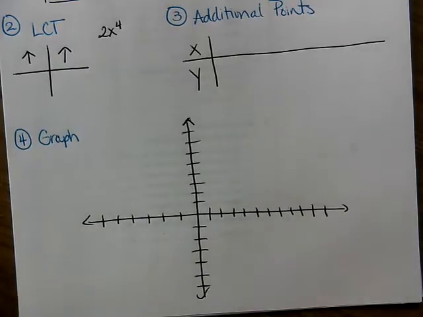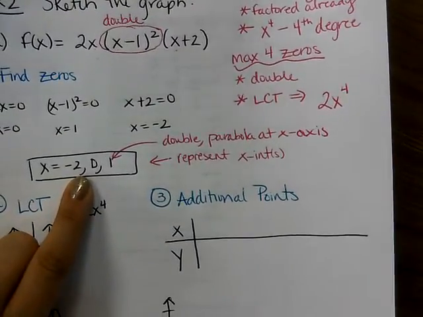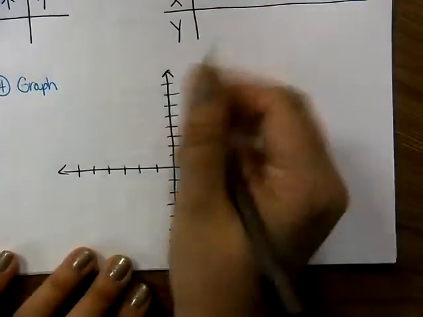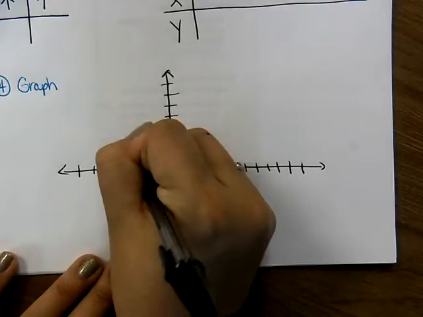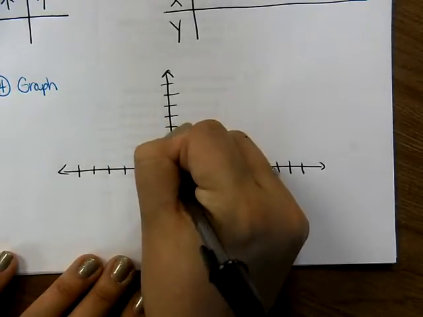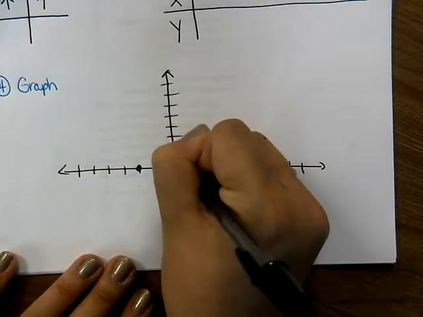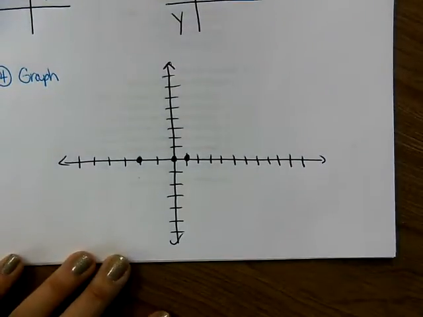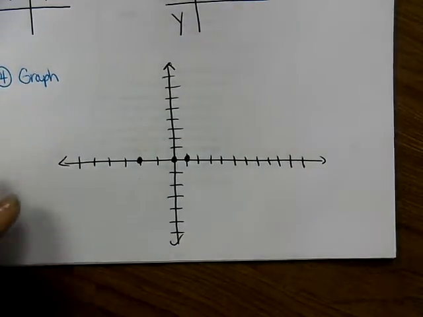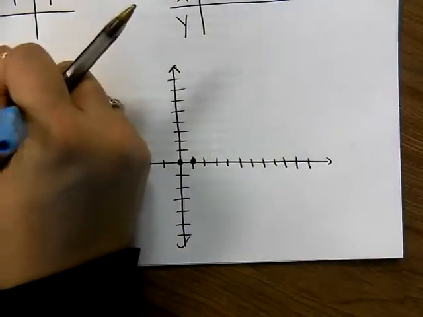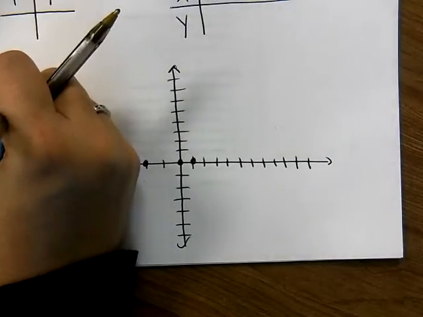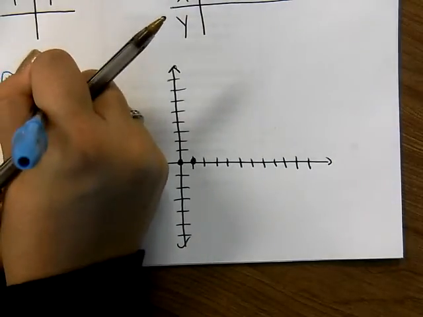So what I'm going to do first is plot all of those zeros that I have, those x-intercepts. So my zeros were -2, 0, and 1. I'm going to plot those first. So I have (-2, 0), (0, 0), and (1, 0). Okay, so that's the first thing you do. So I don't know if you want to write it down or not, but part 1, we plot zeros.